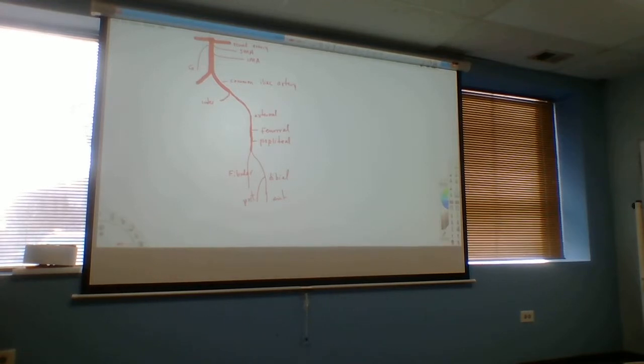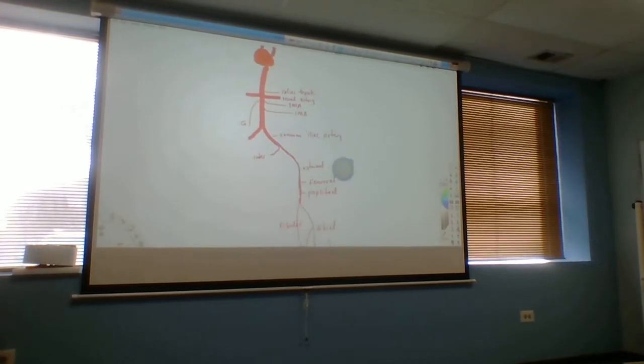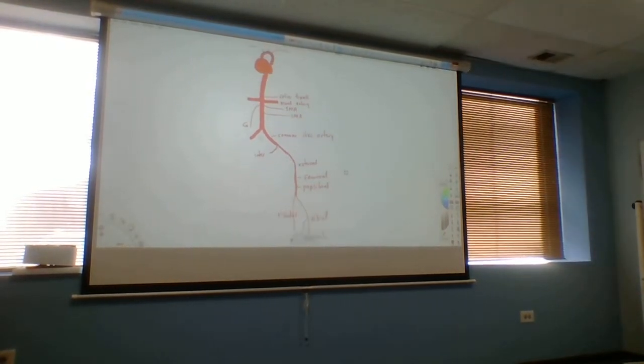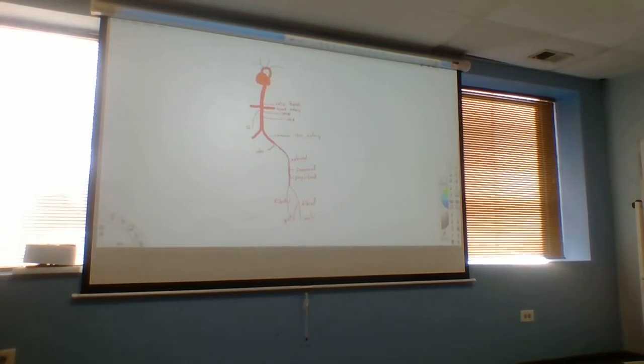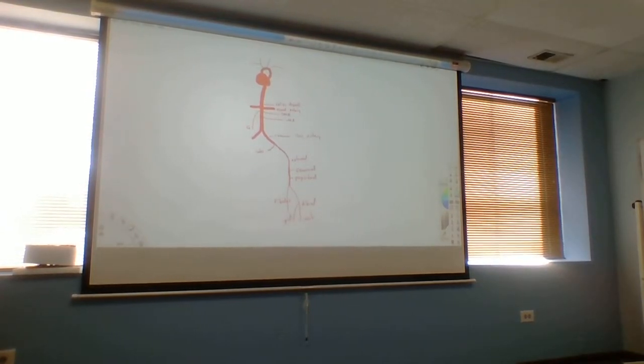Okay, so we're done with anatomy of these blood vessels. So these basic blood vessels you should know. Okay, so these are major branches. It's a good idea to know them. Know their name. Just know in general what part of the body it supplies.